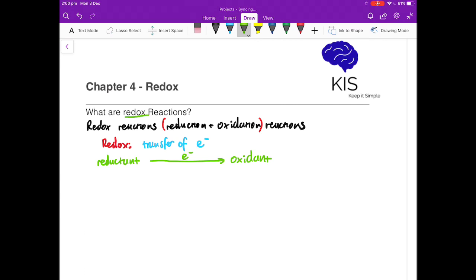So, when it comes to redox reactions, as I've already told you, they're comprised of both reduction and oxidation, and we call each of these half equations. Reduction is one half equation, oxidation is another half equation. So, we can say that a redox reaction is comprised of two half equations.